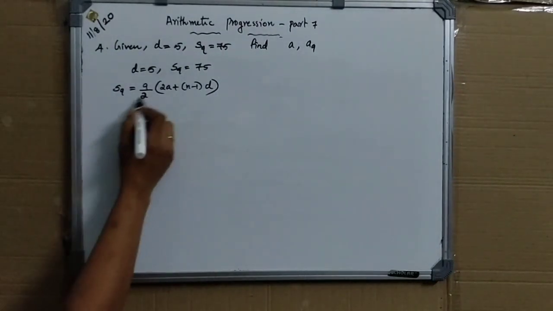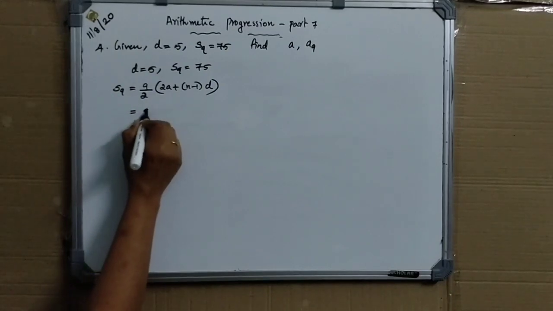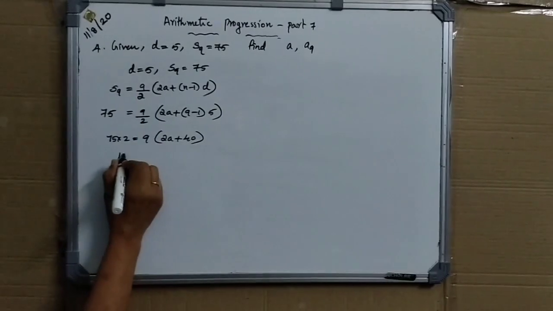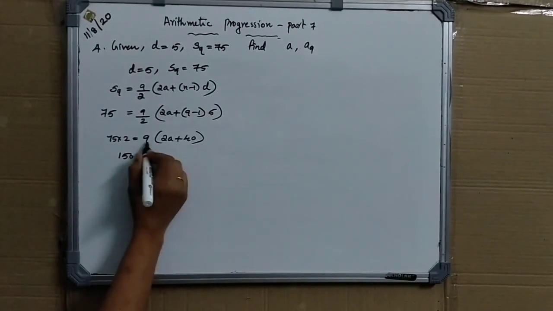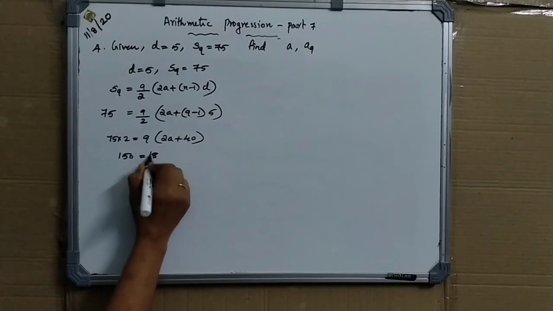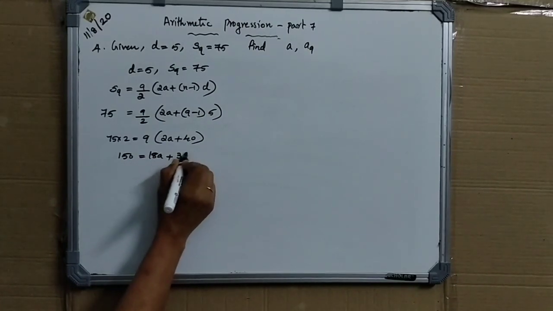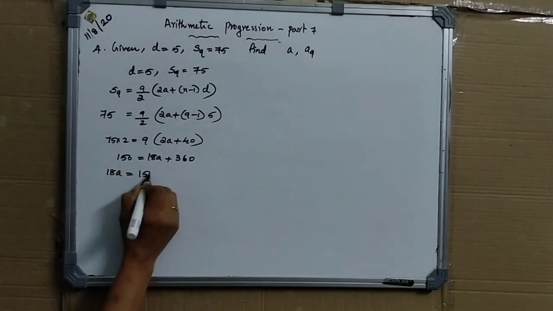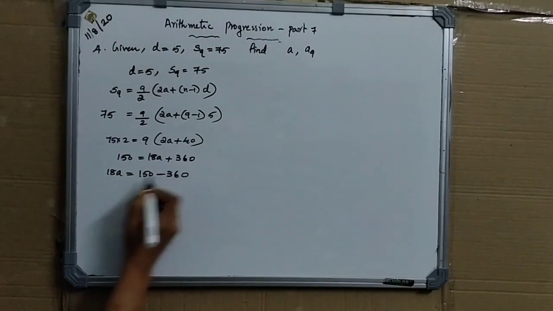So we will go for this formula here. S9 means 75 equal to 9 by 2 into (2a plus (9 minus 1) into 5). Okay, d is equal to 5. Now 150 equal to 9 into (2a) plus 360, that is 18a plus 360. Now we get 18a equal to 150 minus 360.